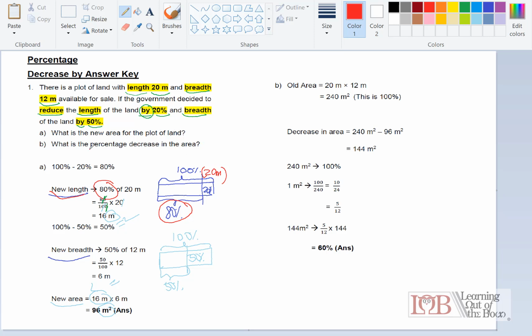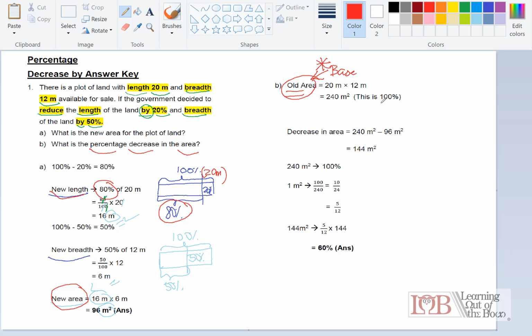When you find percentage decrease in the area, you need the old area and the new area. So again, what is the base, 100%? This will be the base. This is the old one, so this is the base. This is another thing that you must be very clear about.